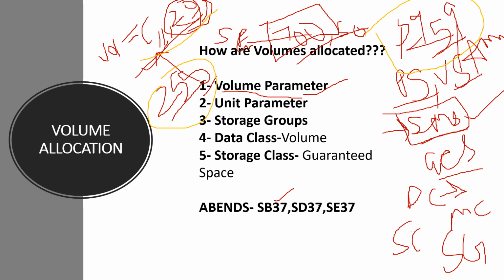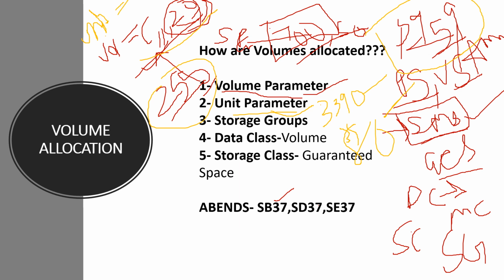And next comes the unit parameter. What is this unit parameter? If you know about the storage units, there are some units called 3390, which tells which model it is. 3390 means disk. 3340, 3380 are the old disks. So you have to code everything: unit equals 3390.